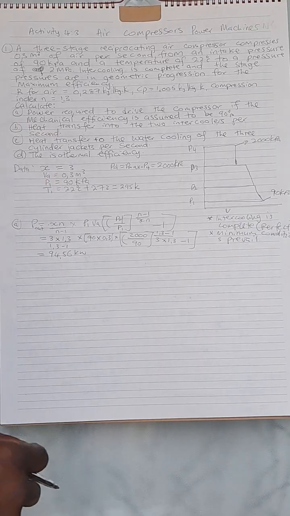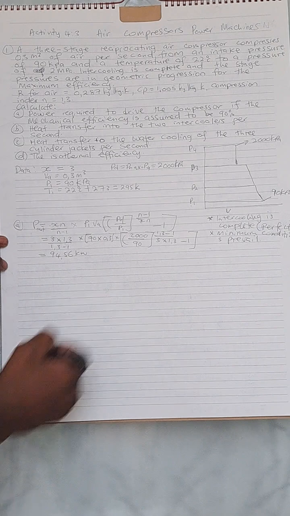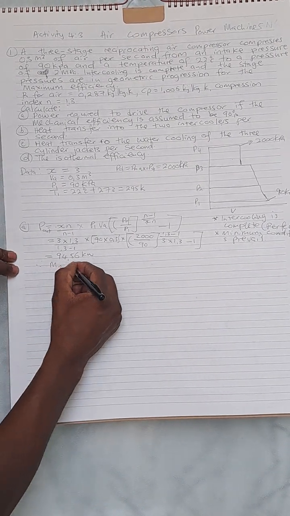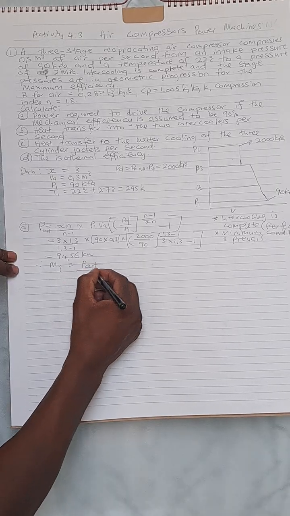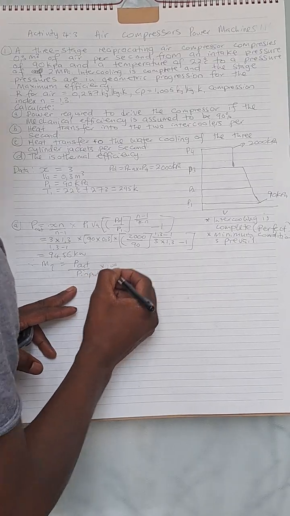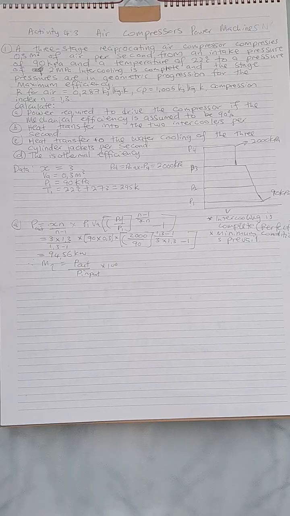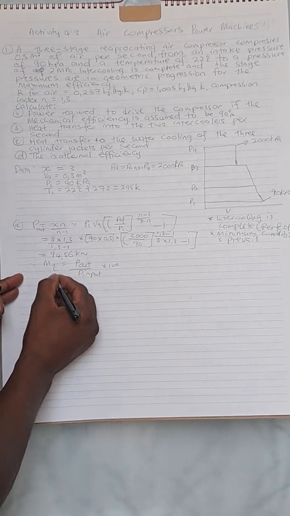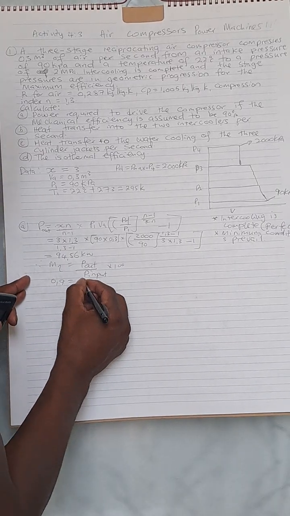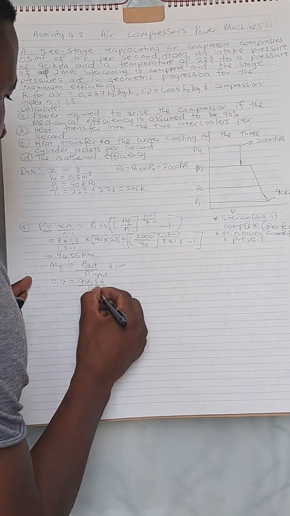94.56. But the question says the power required to drive the compressor if mechanical efficiency is assumed to be 90%. Therefore, mechanical efficiency equals power output over power input times 100. Don't forget its efficiency. Our mechanical efficiency, we got it to be 90%, so this becomes 0.9. Our P out, we got it as 94.56 divided by our P input.